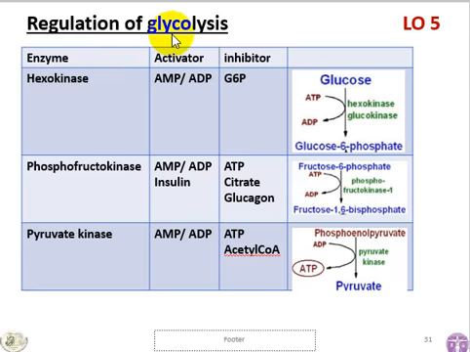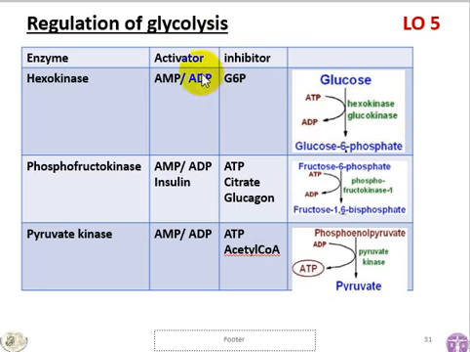Regarding the regulation of glycolysis, there are 3 enzymes responsible for regulating the glycolysis pathway. The first enzyme is hexokinase. Hexokinase is responsible for the conversion of glucose into glucose 6-phosphate, and this reaction consumes 1 molecule of ATP.